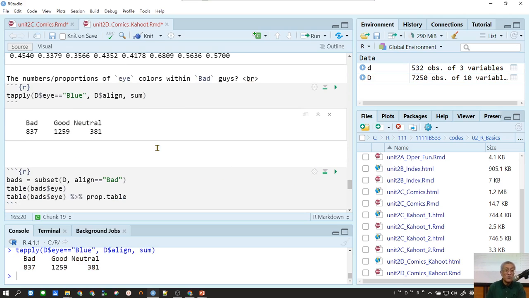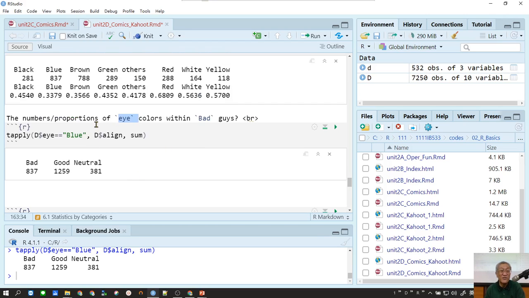With this command, I'm counting, within each align, the number of blue eyes. So if I want to do it by t-apply for all of the eye colors, I need to type a lot of eye colors.